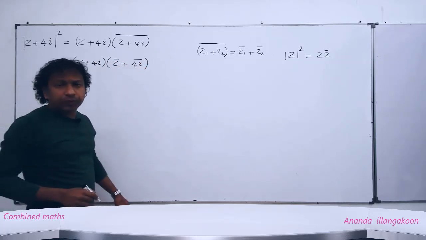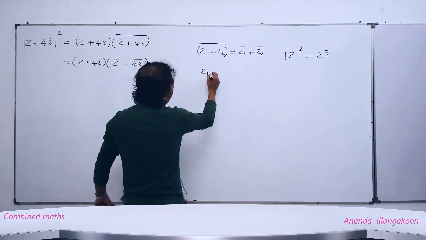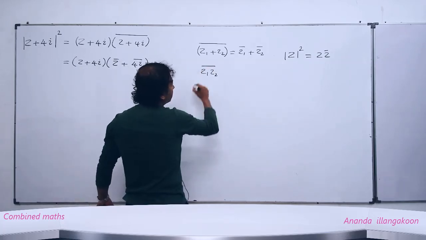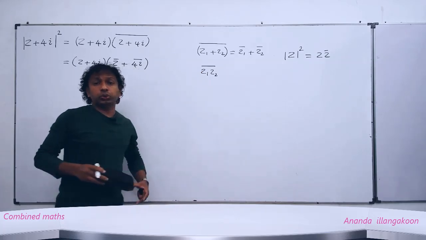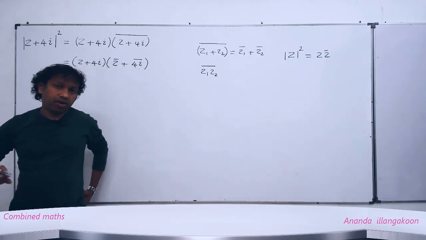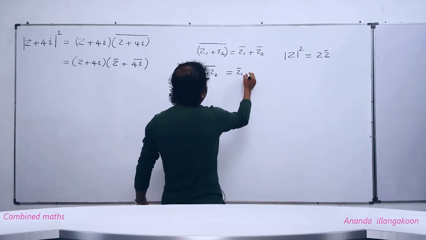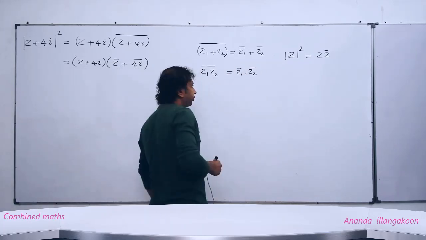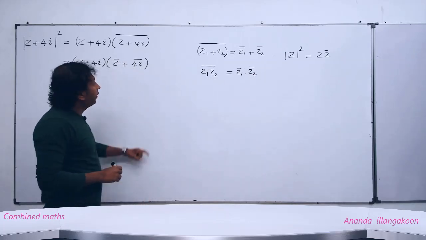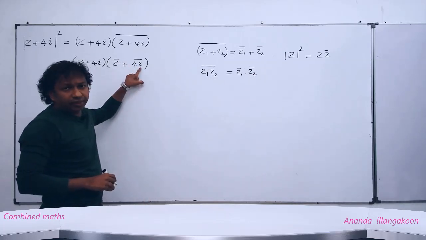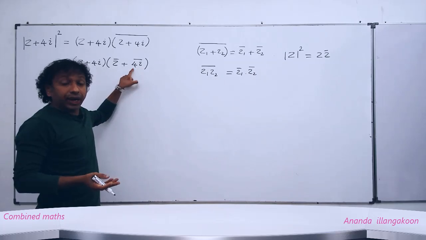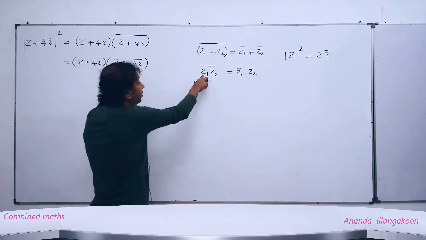And furthermore, people, when we have a product of two complex numbers, the conjugate of Z1 Z2 is equal to Z1 bar into Z2 bar. We proved that also. Understand? Then here, if I consider 4I, 4 is a real number. Any real number is a complex number.